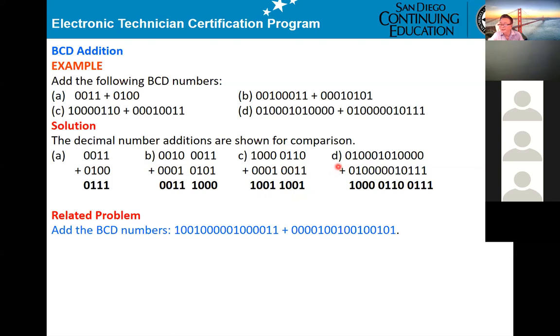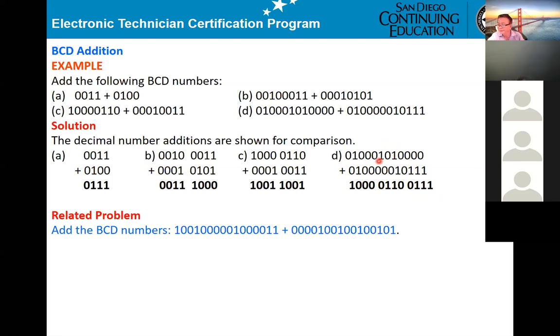Okay, so if you're adding number D, can you get that answer? So the decimal number on the top 0, 5, 8.